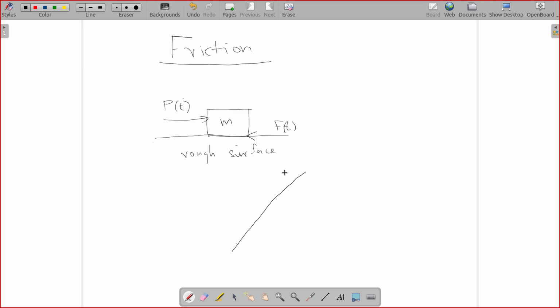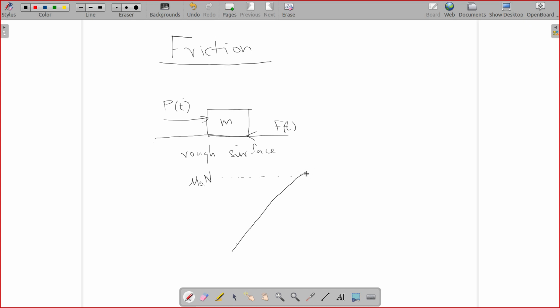And what is that maximum value? That maximum value is called the limiting friction, and that is equal to mu, the coefficient of static friction, multiplied by N. And what is N? N is the normal force, which in this case will be the weight of the object.